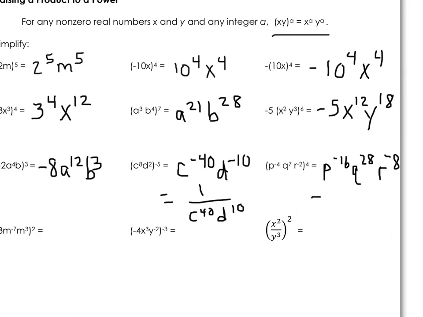Let's write our answer with positive exponents. So the q is positive, q to the 28. Leave it where it is. P to the 16th needs to go to the denominator, and r to the 8th needs to go to the denominator.